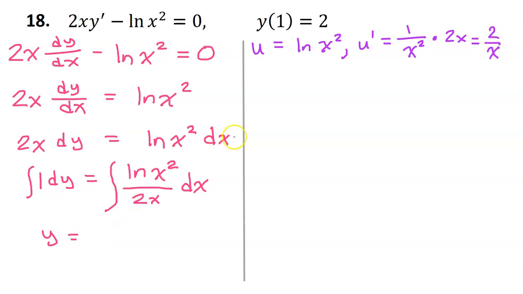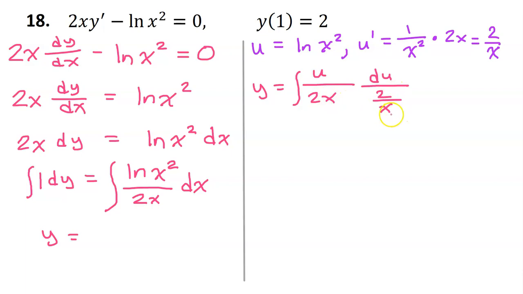Let's do the substitution. So we have y equals the integral of natural log x squared, which is u, over 2x. Instead of dx, we will write du over u prime. But u prime is 2 over x.